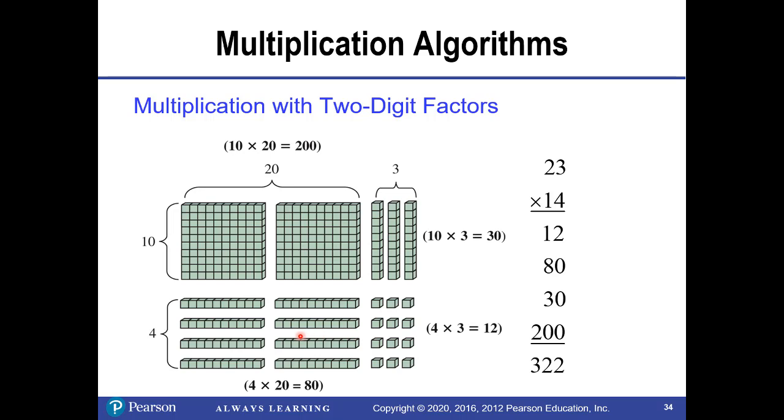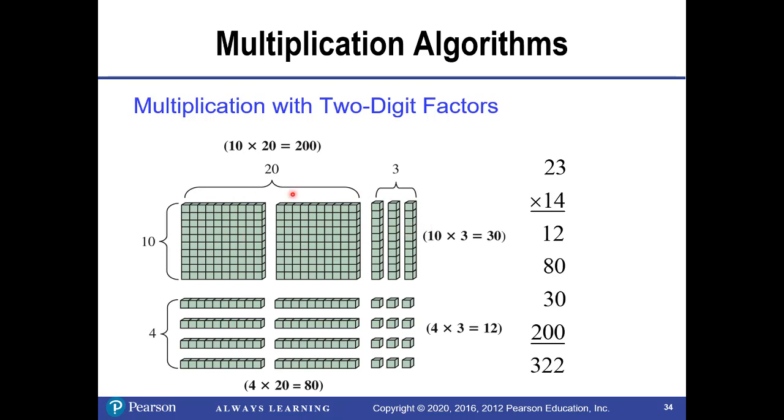Again, here's an example with base 10 blocks of multiplication with a 2-digit factor. So 23 times 14. What we have here is a representation of 23. Think of this as 10, 20, and 3.